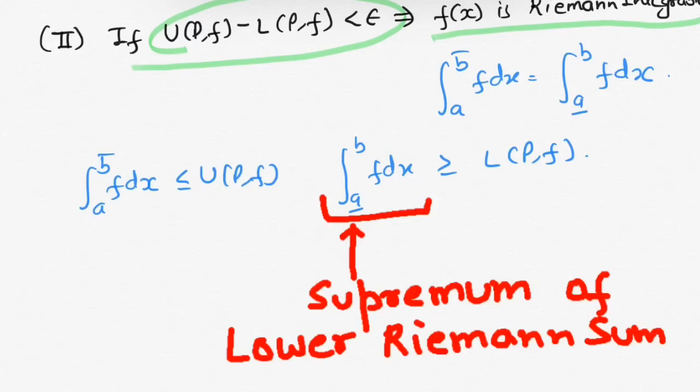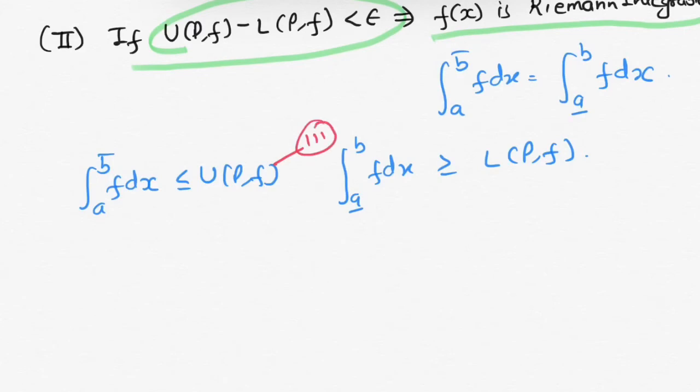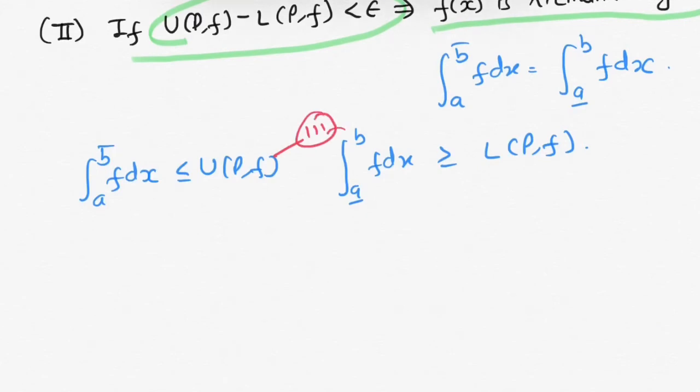Suppose this is equation number 3. Now multiplying this equation by minus 1 to make the inequality the same as equation number 3, we have minus lower Riemann integral less than or equal to minus L(P,f).